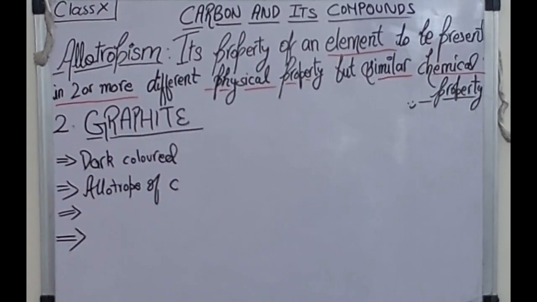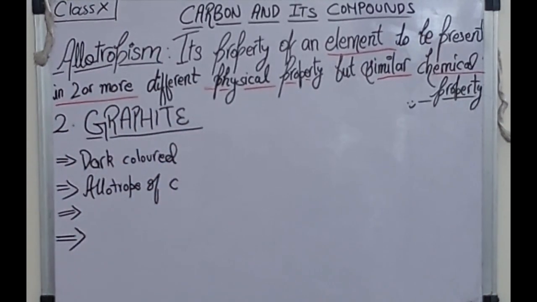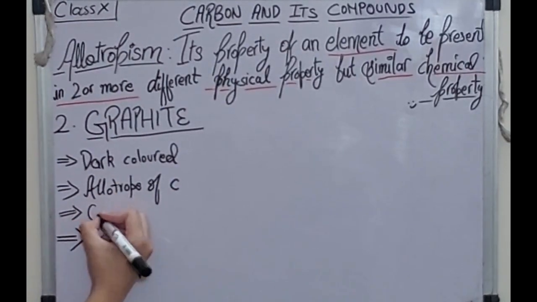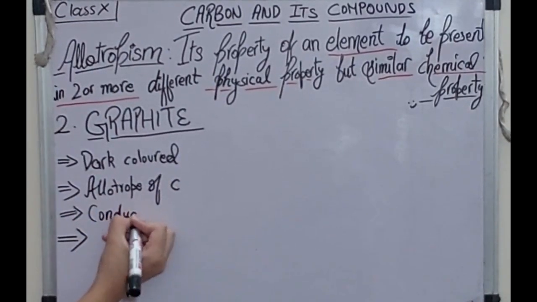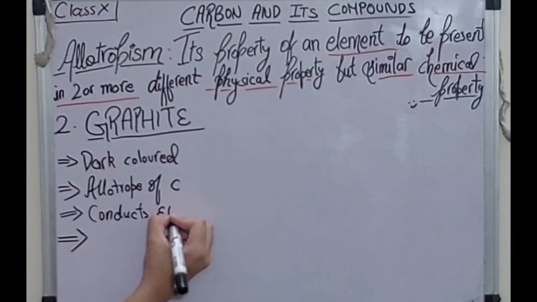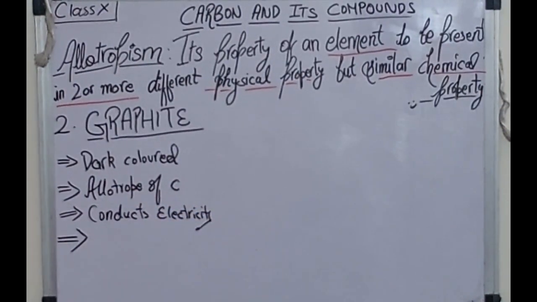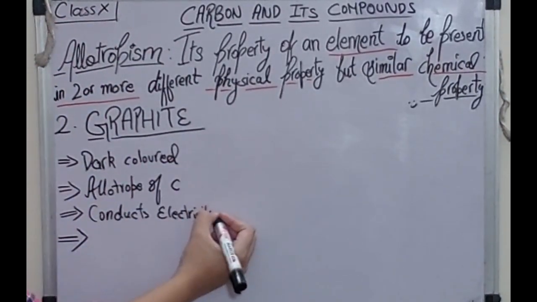I know I might be taking a lot of time in writing, so sorry for that. Okay, dark colored allotrope, it conducts electricity is the point I wanted to discuss the most. My heart is just waiting for you all to tell how this graphite can conduct electricity being a carbon allotrope.